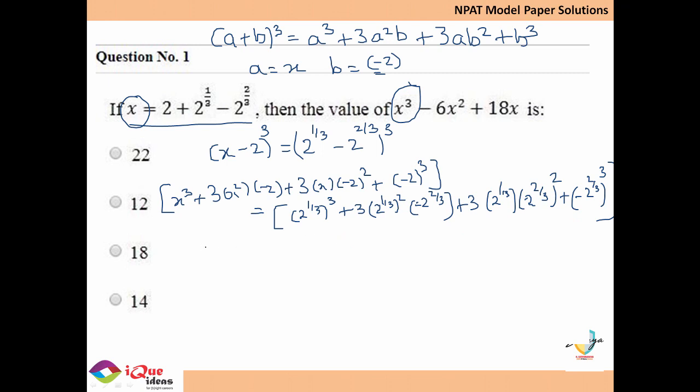Okay, so solving the left hand side, I get x cube plus 3 into x square into minus 2, that is minus 6x square, plus 12x minus 8, and the right hand side I will simplify and I will get 2 minus 3 into 2 raised to 4 by 3 plus 3 into 2 raised to 5 by 3 minus 4, right?